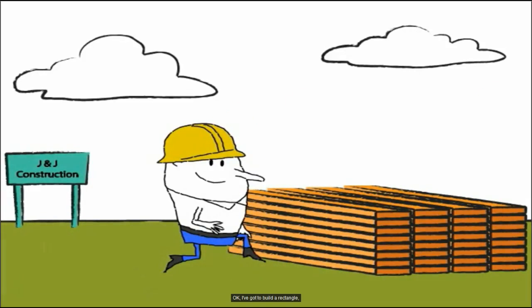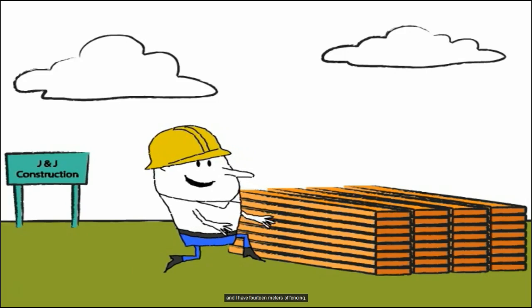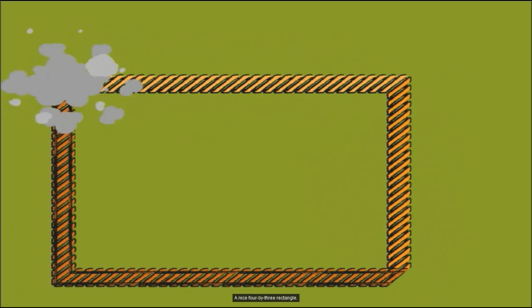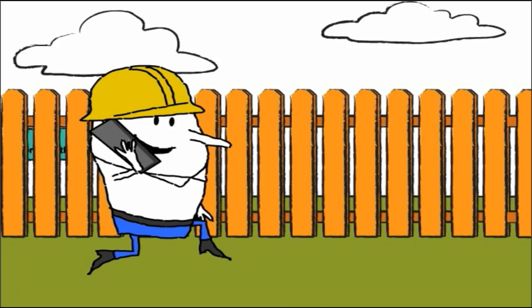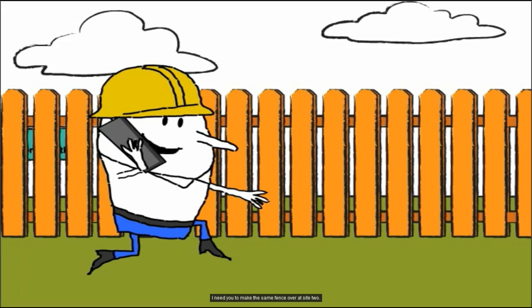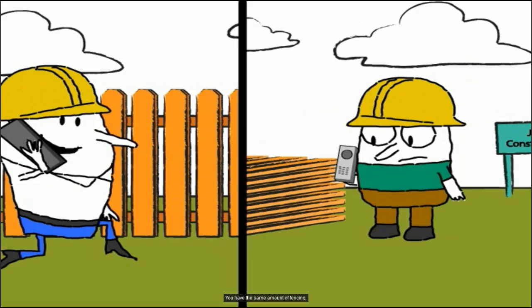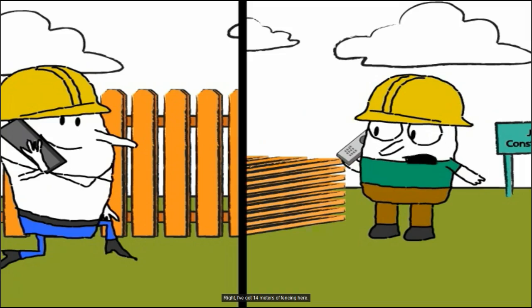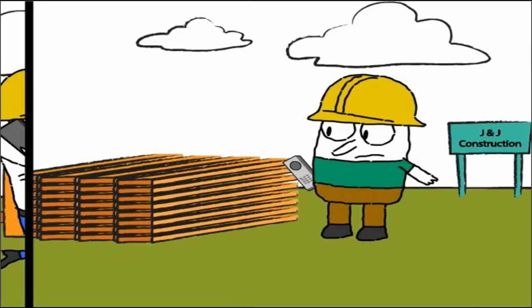Okay, I've got to build a rectangle, and I have 14 meters of fencing. No problem. There we go. A nice 4x3 rectangle. Hey, Jay. It's Jay. Listen, I just built the fence over here at Site 1. I need you to make the same fence over at Site 2. You have the same amount of fencing, 14 meters, right? Right. I got 14 meters of fencing here. Okay, get going, and I'll be over later.